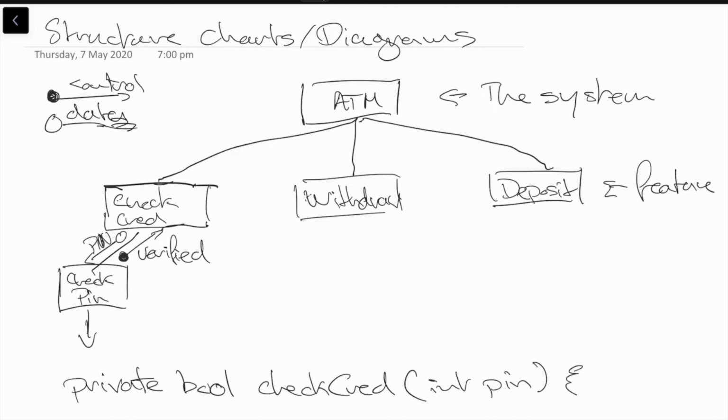And after we were doing something, we would return verified, which would be a true or false statement. So we can see that this here is what we're representing here with the variables coming in and the variables leaving. So this is representing actual code as we would write it.